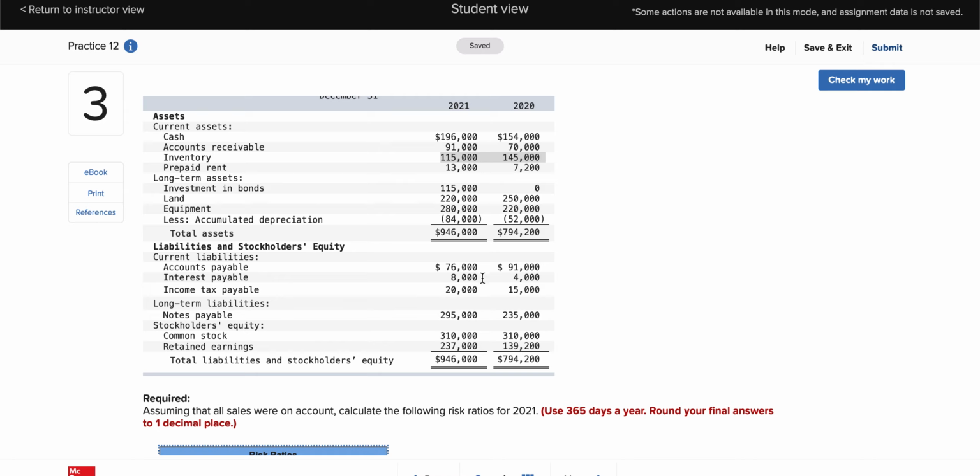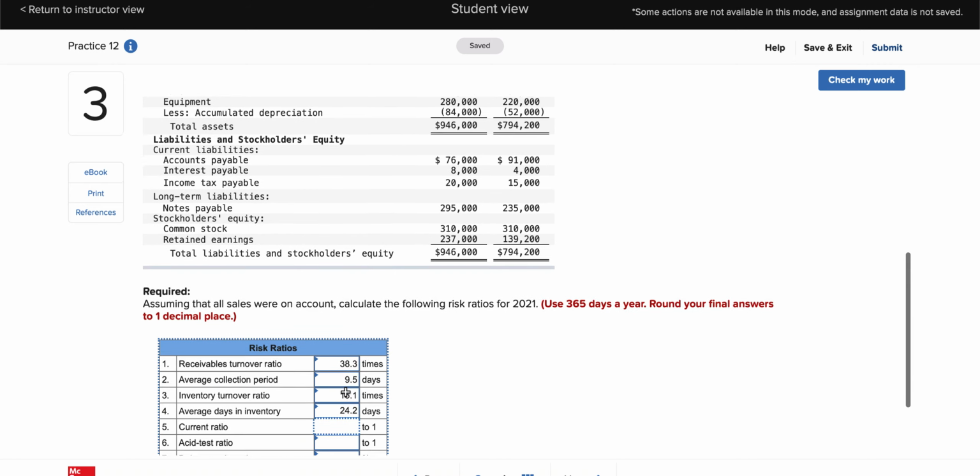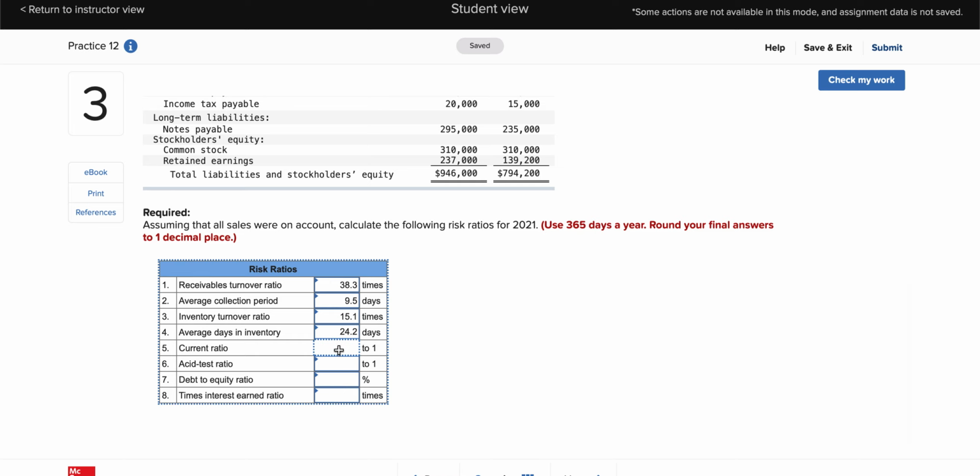We want to divide that by the current liabilities, 104. So 415,000 is the total here, divided by 104. This gives us a current ratio of 4.0 to 1. In other words, I have 4 times as many current assets as I do current liabilities.